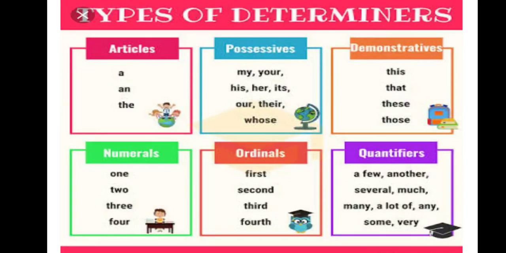It gives you an accurate measurement. It tells you about the quantity. Several comes under the character of quantity. Much, many, a lot of, like many books, a lot of time, any, some, and very.